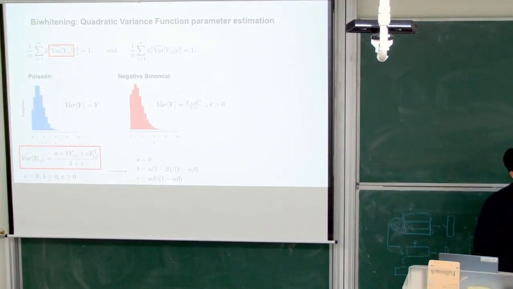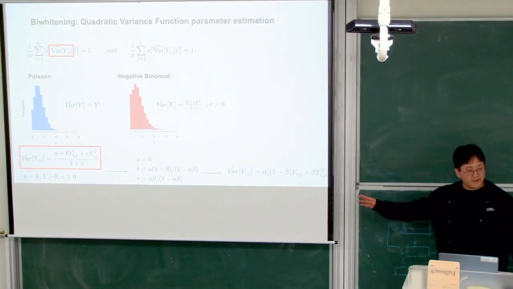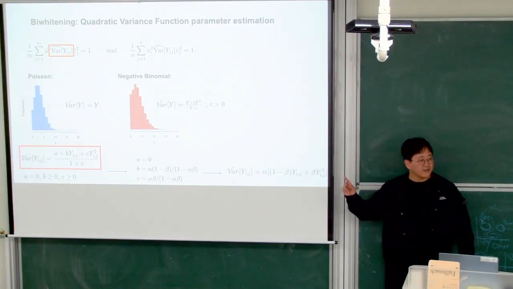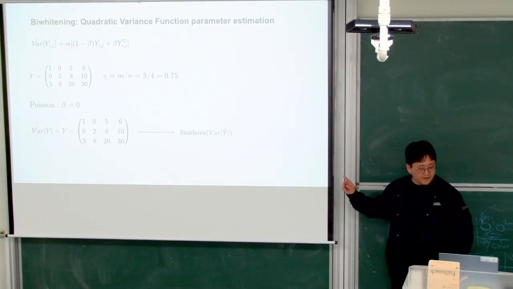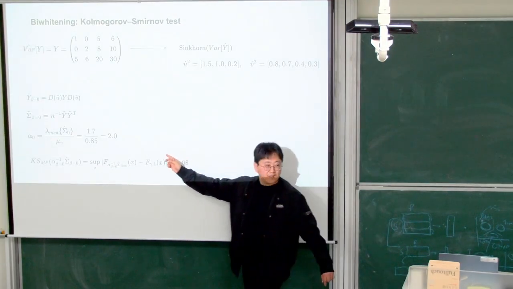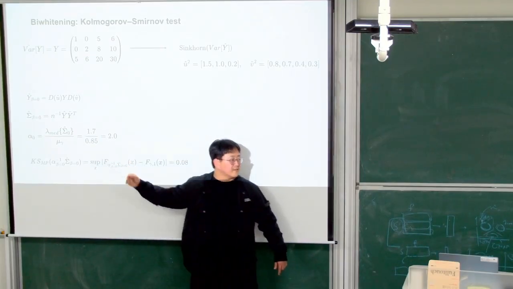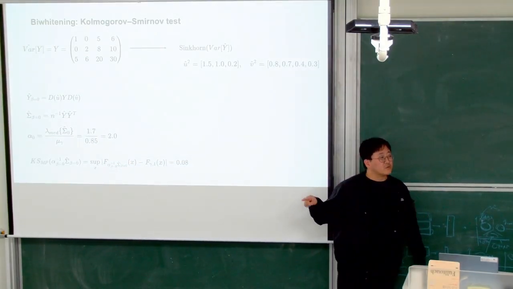Then we need to determine A, B, and C. Yes, right. So rather than A, B, and C, we converted it to alpha and beta. And I already told you what the alpha is here. And beta, we fixed it. Beta is observed in this case.